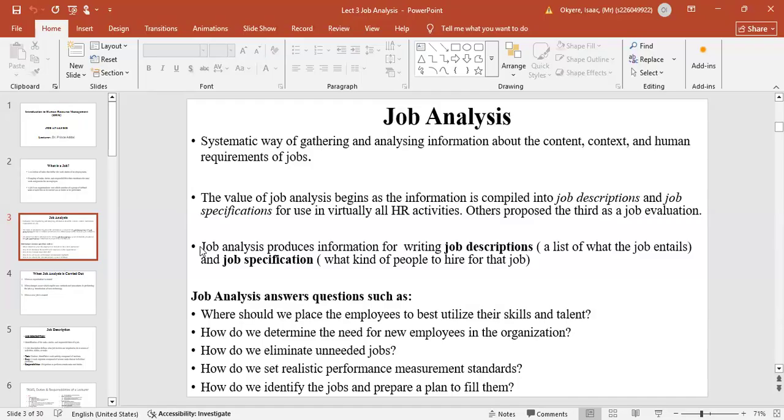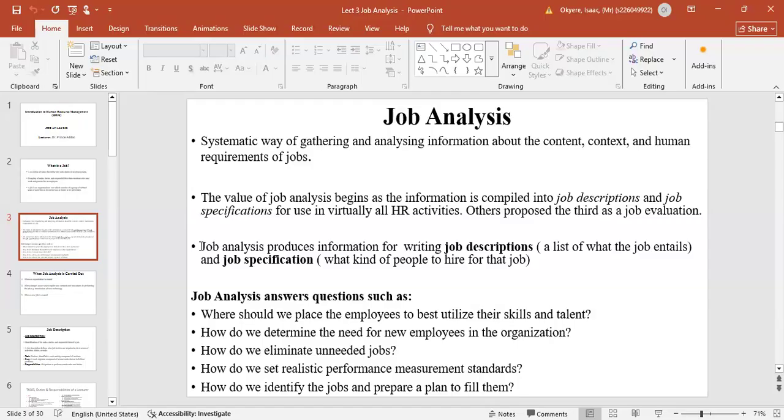Two, it answers the question of whether we are supposed to get new employees. Are we supposed to get employees? Three, it answers the question of how much money you are supposed to be paid.